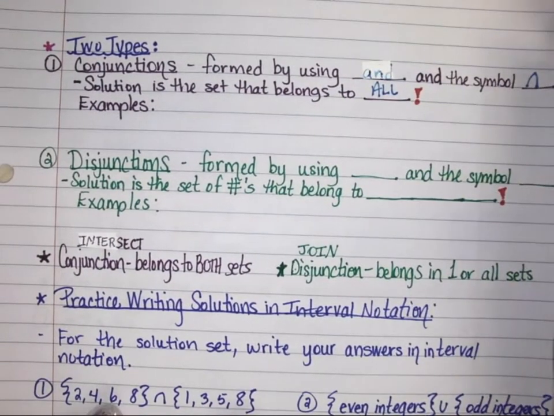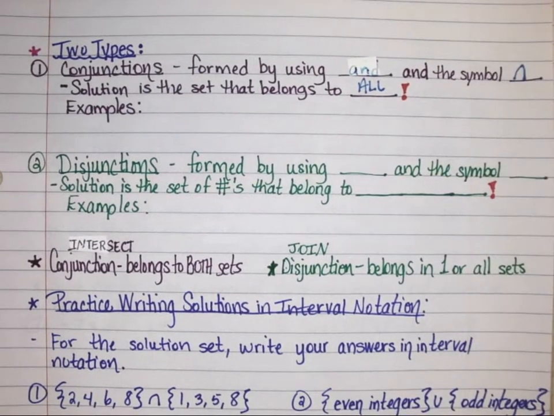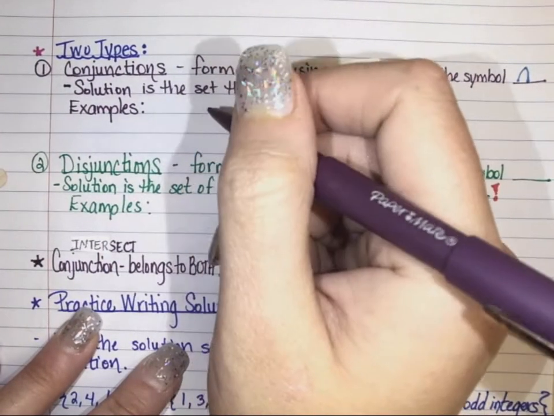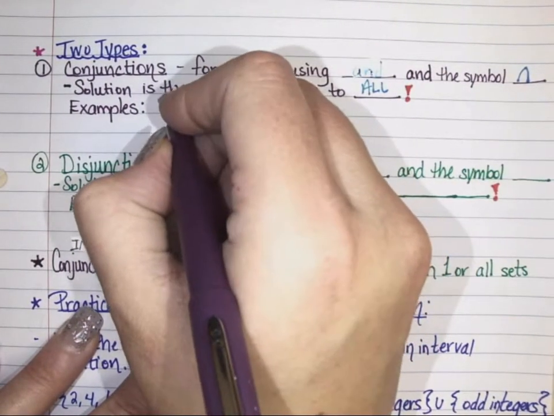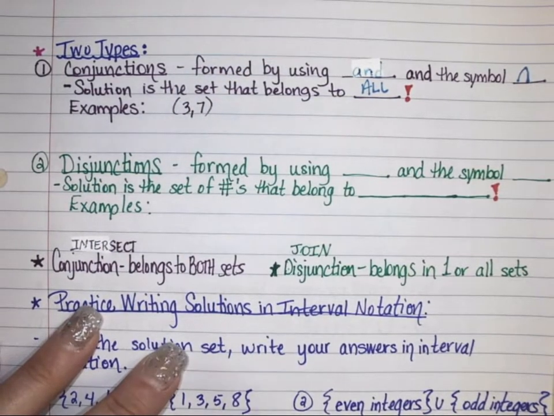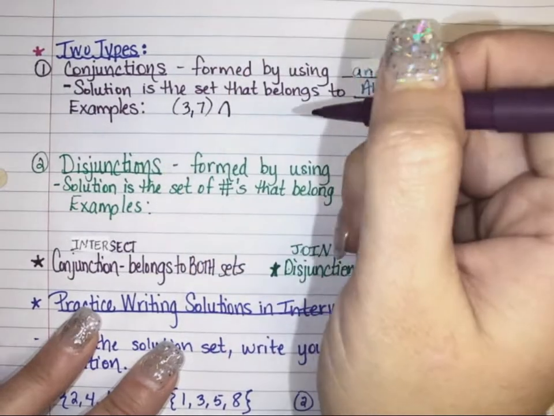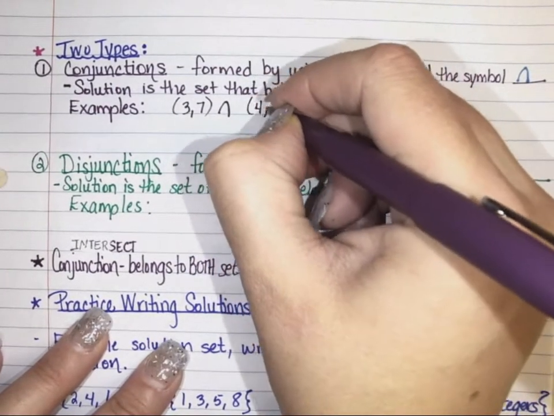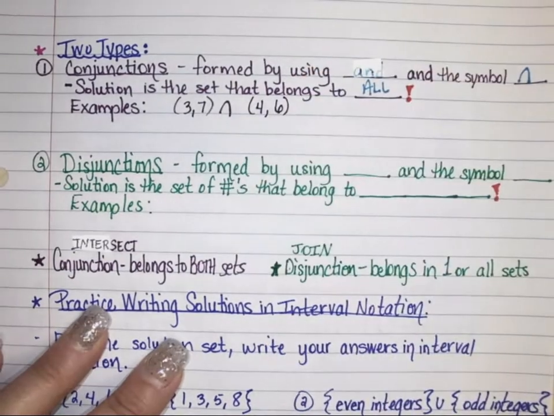More than likely, you're going to be looking at 2 different solutions at one time. Sometimes we can look at 3 or 4, really infinitely many. Examples of conjunctions: if I've got all the numbers belonging from 3 to 7, I'm going to find where they overlap with the numbers that belong from 4 to 6.